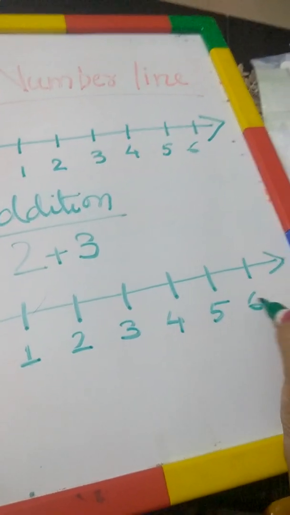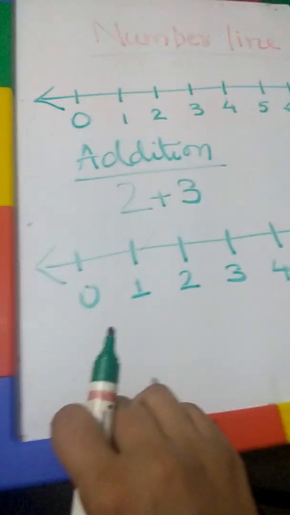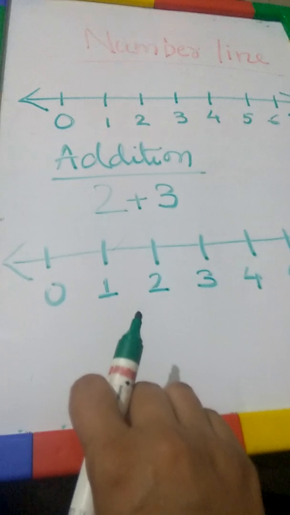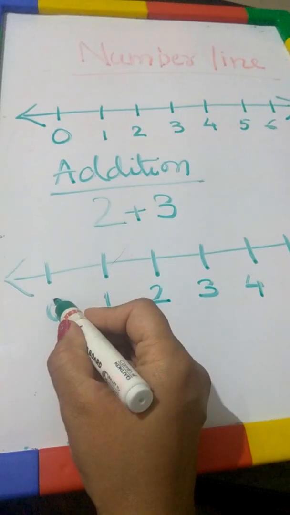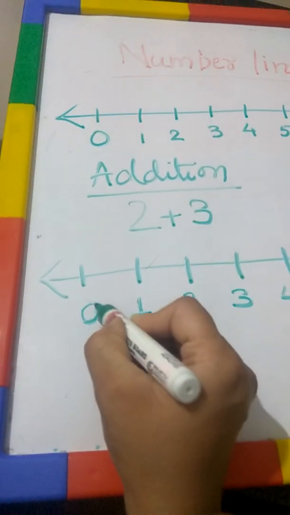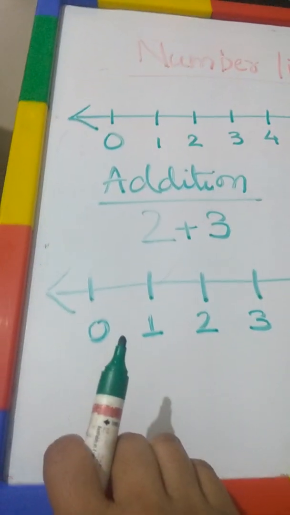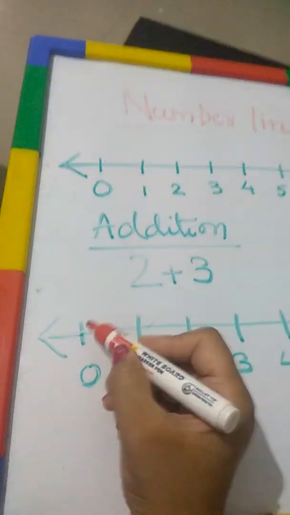I have taken from 0 up to 6. You can take more numbers. Now we will see that how the operation is performed. Always 0 will be the starting point because we don't have initially anything, so we start from this 0.